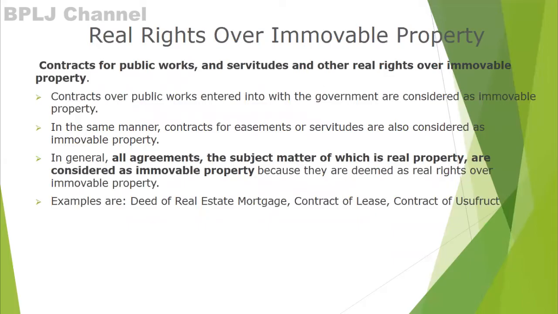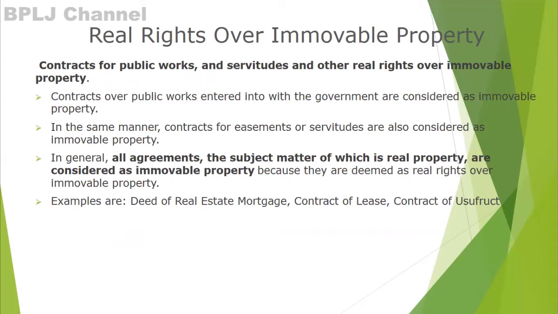Okay, we now go to the last slide. Not all real properties are tangible, meaning that they can be felt with the five senses. There are certain real properties which are intangible, meaning you cannot feel it or you cannot sense it, but they exist.